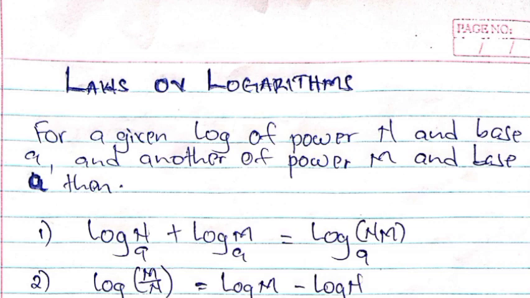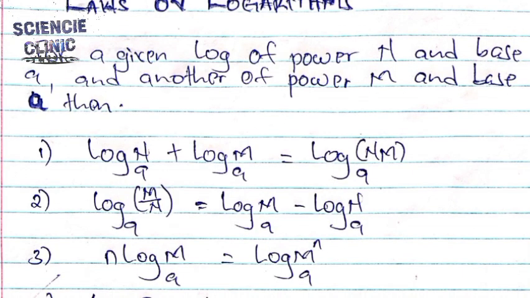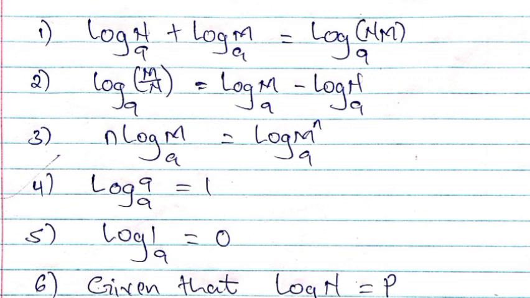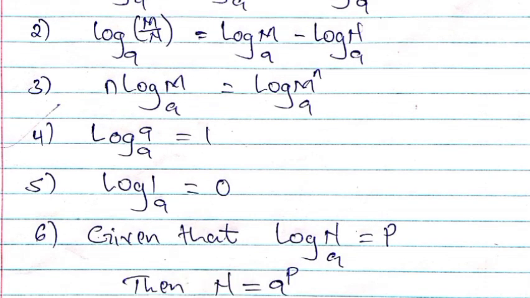Okay, so members, these are the laws of logarithms. We start with one. If you are adding logarithms of the same base, you can multiply the powers. If you are subtracting logarithms, you can divide the powers.